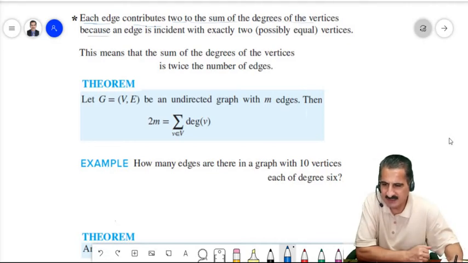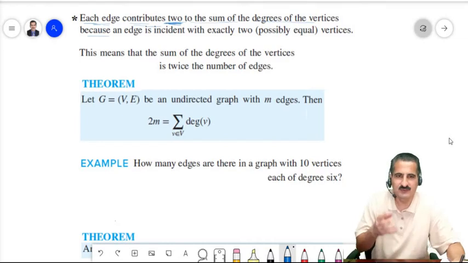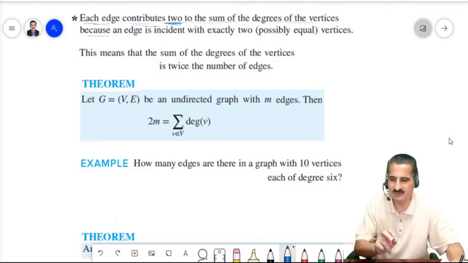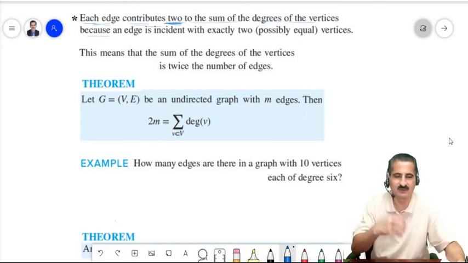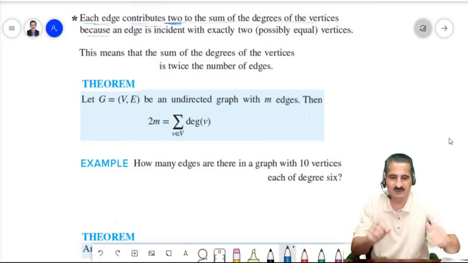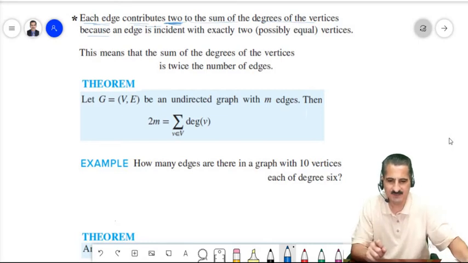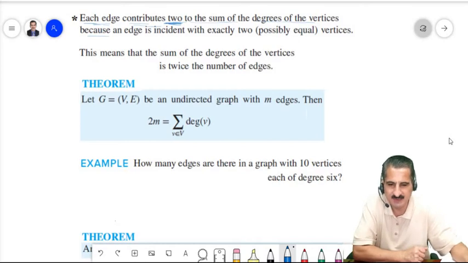Let me read that again. Each edge contributes to, it means it adds 2 values to the sum of the degrees of the vertices. It talks about all the vertices in the graph. Because this theorem will not be proved, I will just explain the idea of it. Say this is an edge E in some graph. This edge has to be going from one vertex to another.